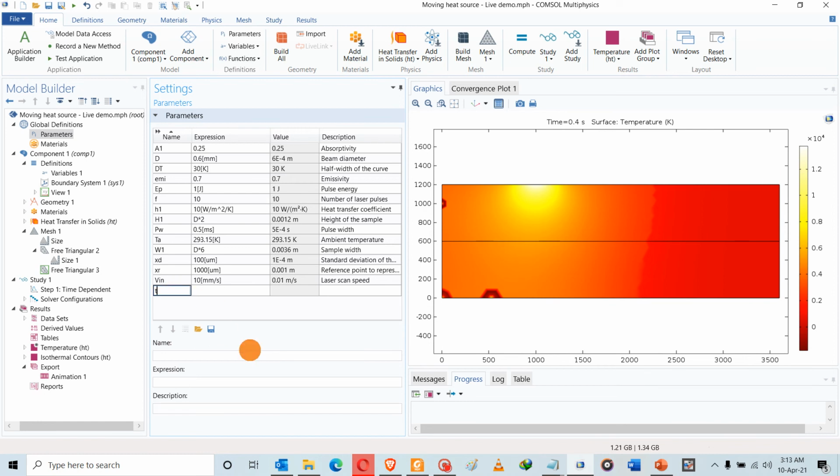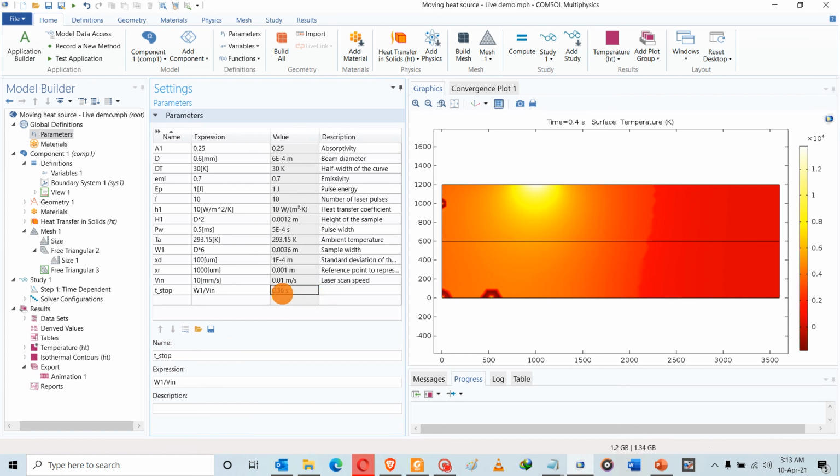So I'm going to say T stop. This is when the computation will stop. It should be the length of the laser beam on the surface, that is the width there, divided by Vn.